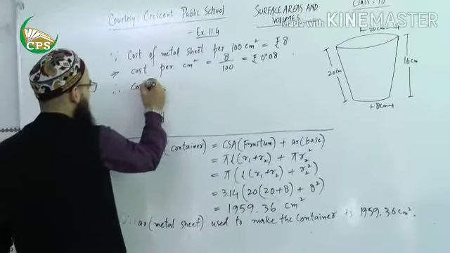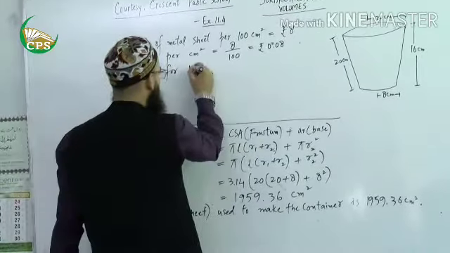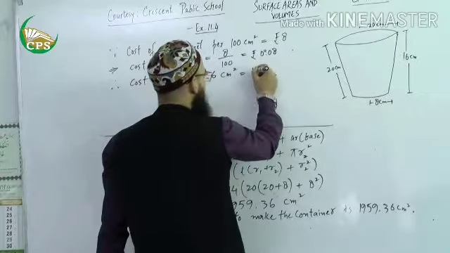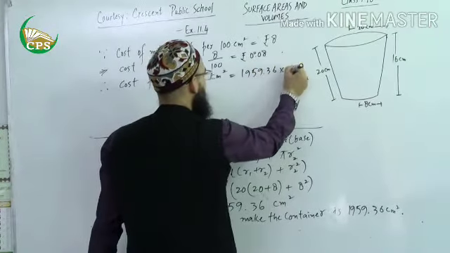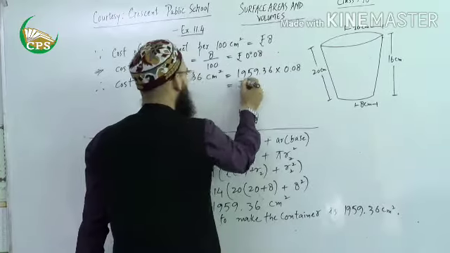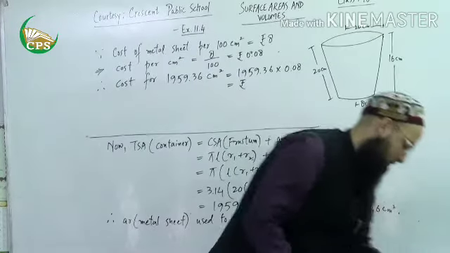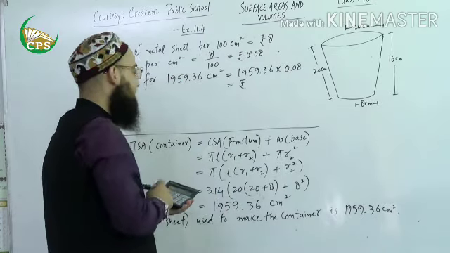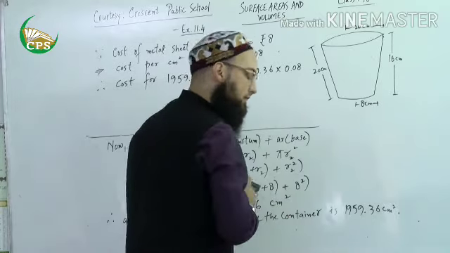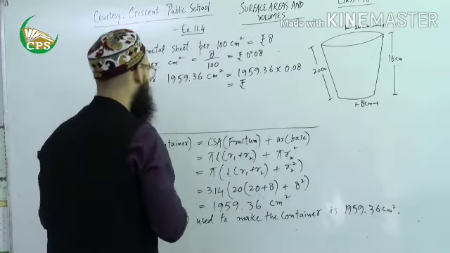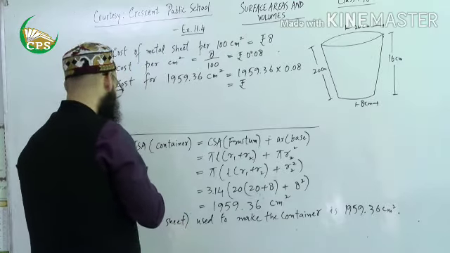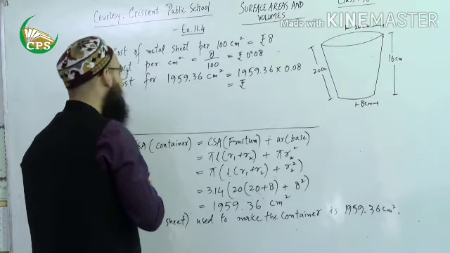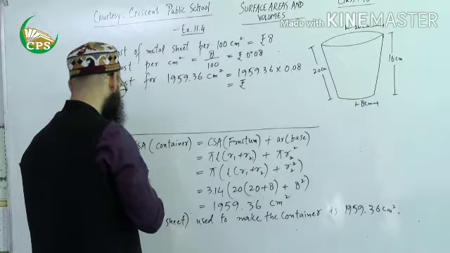Therefore, cost for this much, 1959.36 square centimeter, is equal to 1959.36 times 0.08.